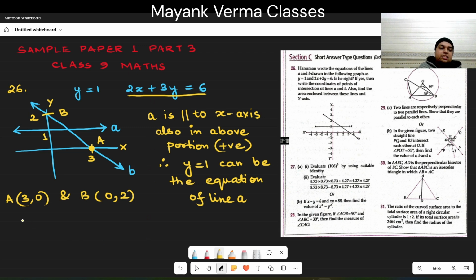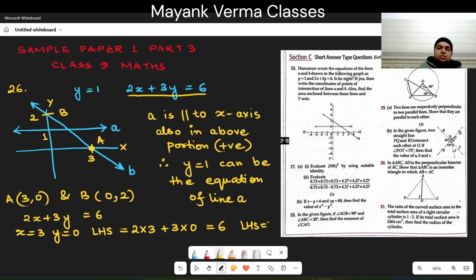So let's check. 2x plus 3y is equal to 6. So x is equal to 3, y is equal to 0. In that case, LHS will be equal to 2 times 3 plus 3 times 0, which is 6. So LHS is equal to RHS.